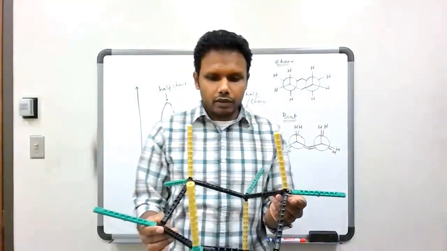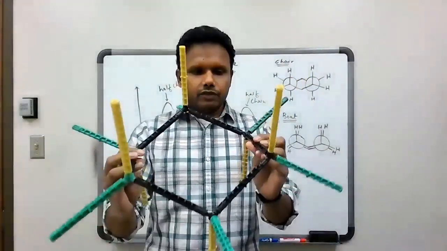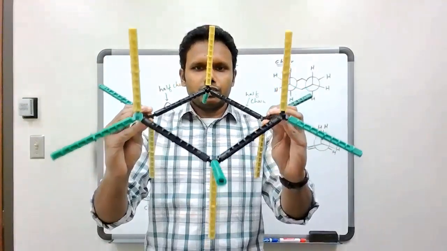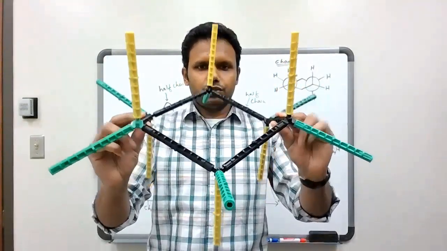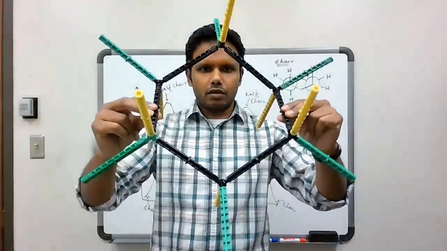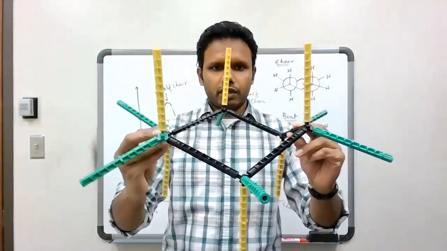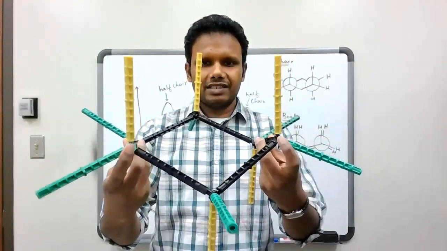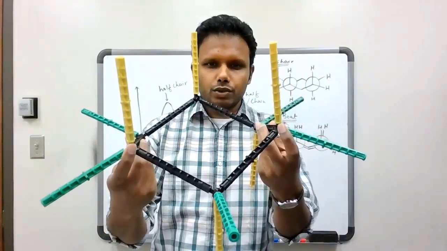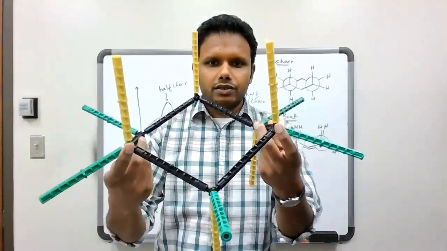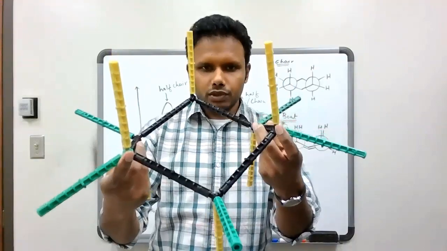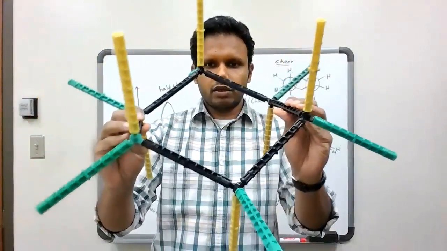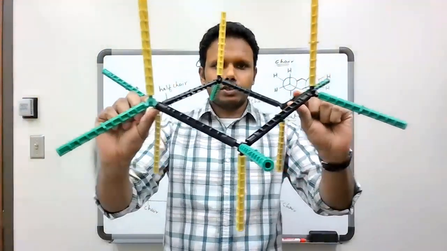The other important thing about the chair conformation is if you look at the molecule along carbon-carbon bonds. I'm holding on to two carbon-carbon bonds, and at this point, what I would like you to do is imagine looking at these two carbons simultaneously. So you're looking down those two carbon-carbon bonds and imagining a Newman projection.